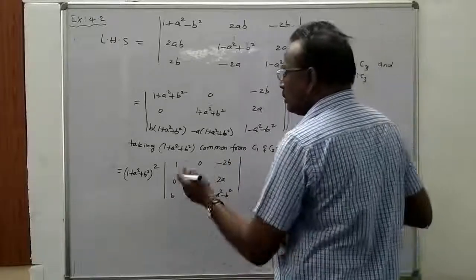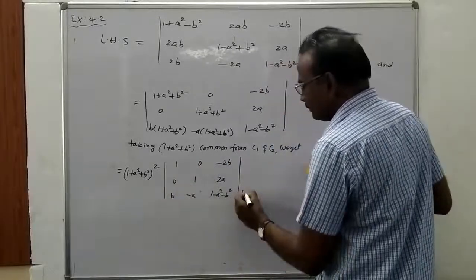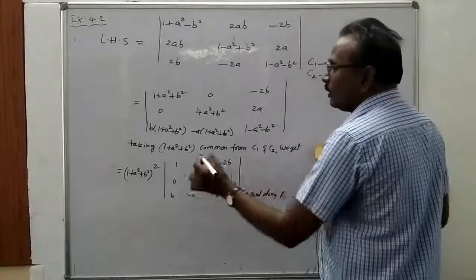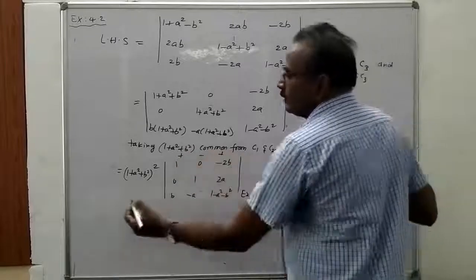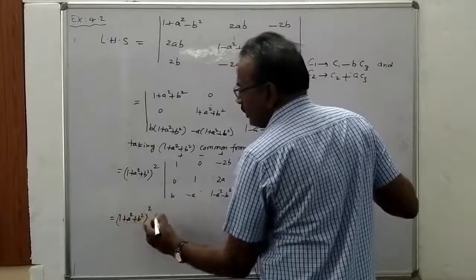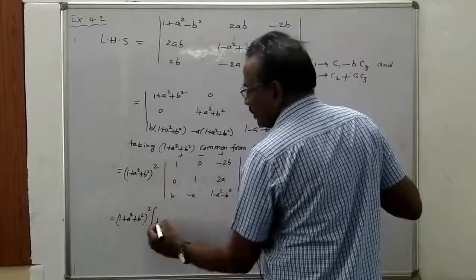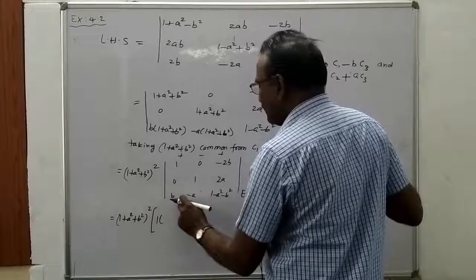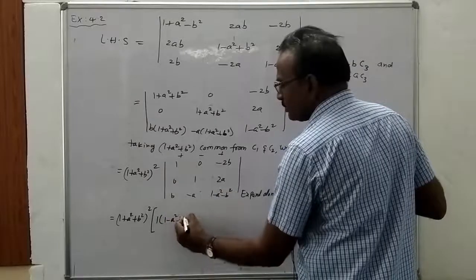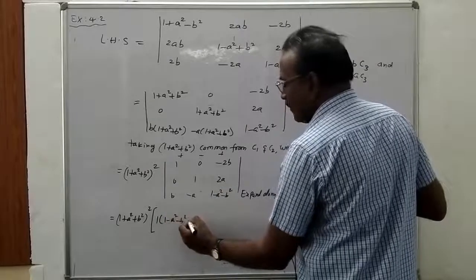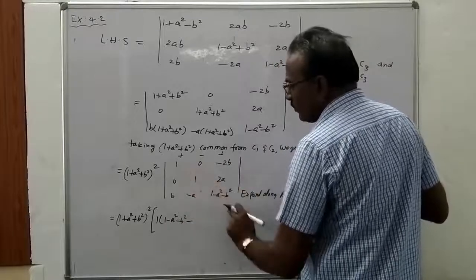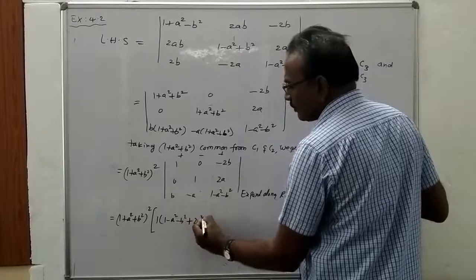Expand along R1. What are the signs? Plus minus plus, that is 1 plus a square plus b square whole square into plus 1 into, delete first column elements, 1 into 1 minus a square minus b square is 1 minus a square minus b square, minus a into 2a is minus 2a square, minus of minus 2a square is plus 2a square.